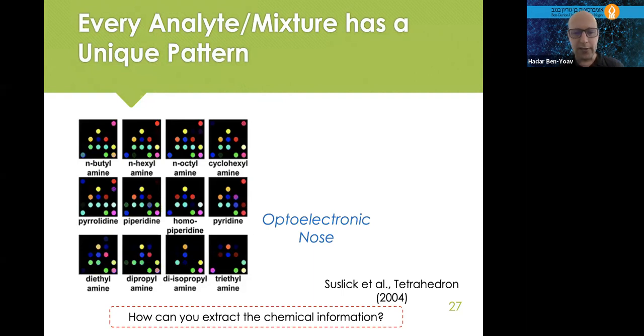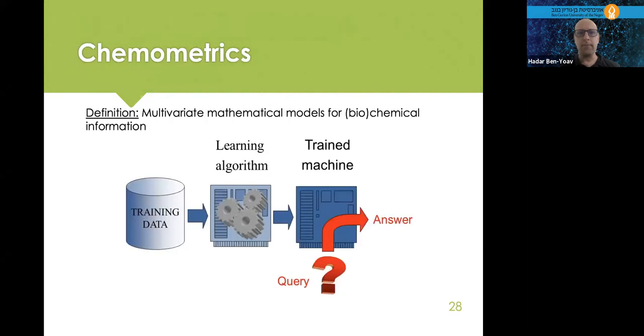So how can you extract the chemical information? And here is the question that is more related to what you asked earlier, about how to train those models. There are different names: chemometrics, machine learning algorithms, artificial intelligence, and multivariate mathematical models.